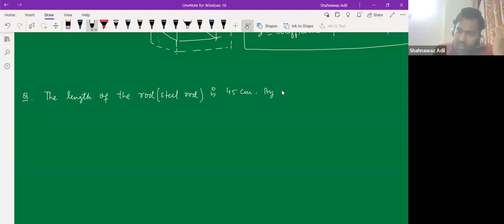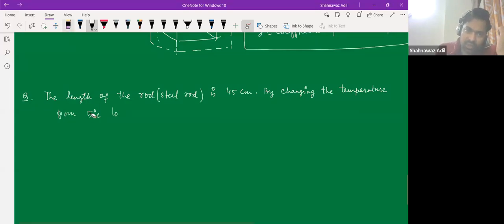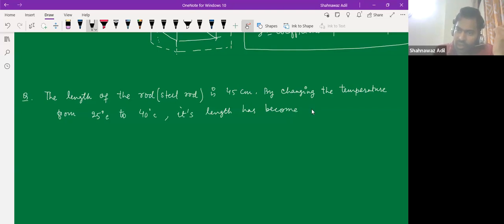By changing the temperature from, let's say, 25 degrees C to let's say 40 degrees C, its length has become, let's say, 50 centimeters, right?